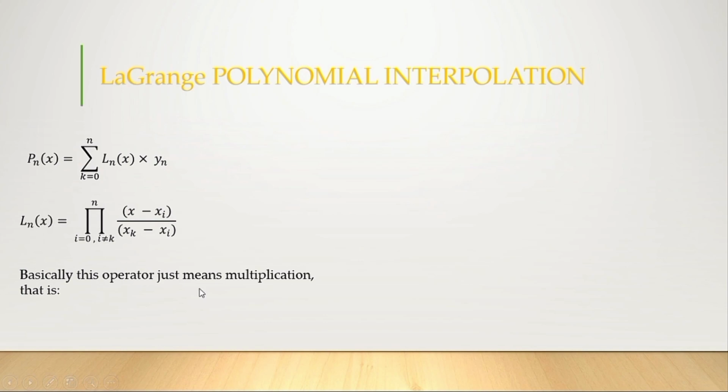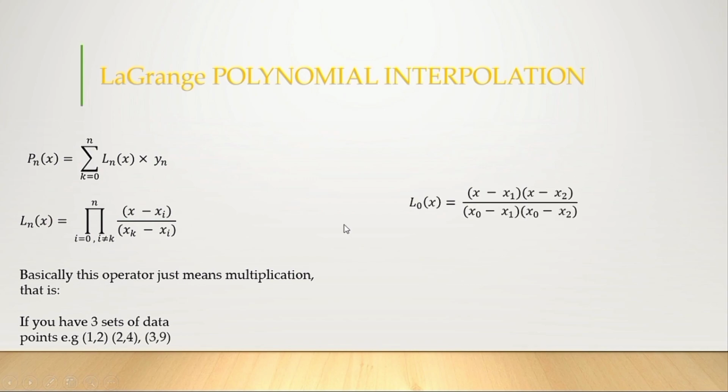That is, this Ln can be represented as a formula. If you've been given three sets of data points, it can be represented as having L0, because we have three data sets here, so our n is equal to 3. So our Ln's highest polynomial is going to be L2, starting from L0.